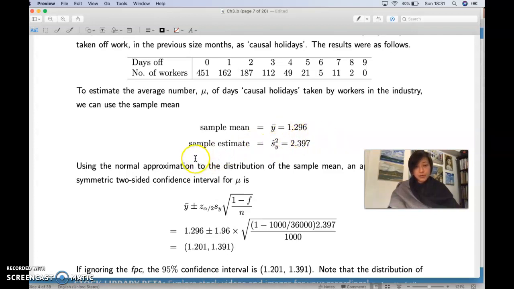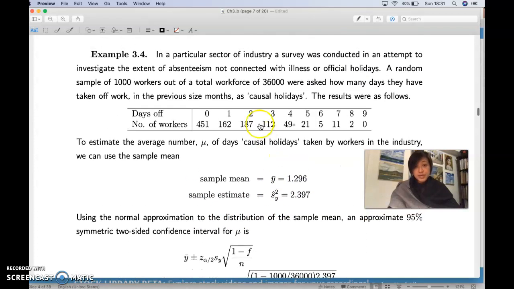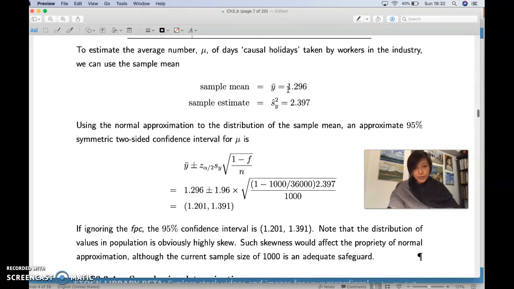Using our sample, we can calculate the sample variance. In this case, we're not given the true values of all of the 36,000 staff, so we don't know the true variance sigma squared. What we can do is use our sample mean, y bar, plus or minus our critical value, 1.96, if we're assuming a 95% confidence interval, multiplied by our standard error.